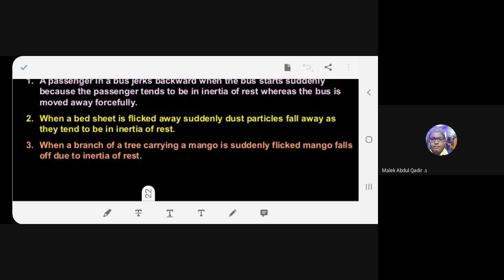You just tap the branch and the mango falls down. You must have tried so many times, isn't it? Either you hit the mango with a stone or you just shake the branch. Have you ever observed that? When you shake the branch, the mango falls off. Yes or no? Mango was at rest, but due to the movement of the branch, the mango falls down. Am I right?